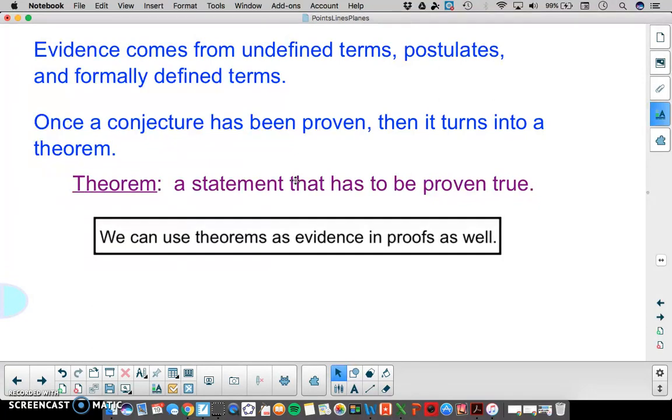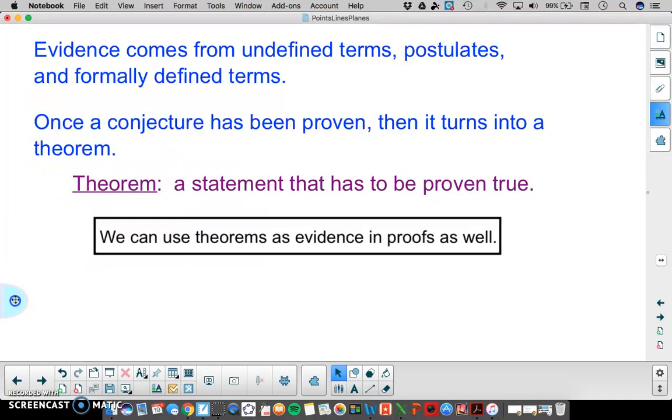Once we have a conjecture that has been proven using those other things, then it turns into what's called a theorem. And a theorem is a statement that has to be proven true. So all of our theorems have already been proven. We can use theorems as evidence in proofs as well. So we're going to use all of these things to form our logical arguments as we move forward.